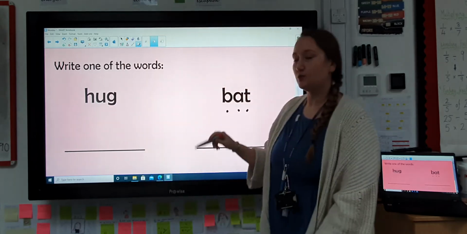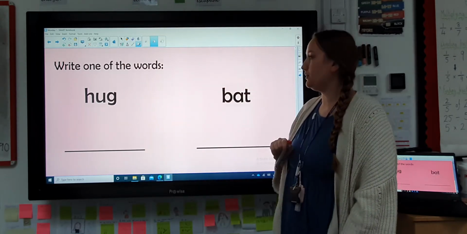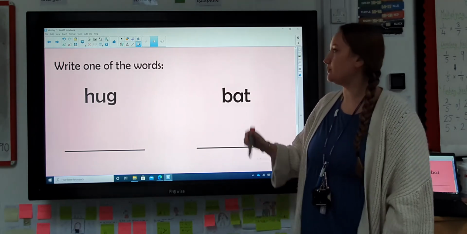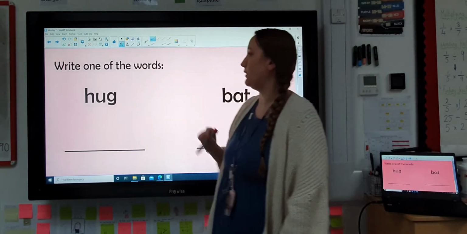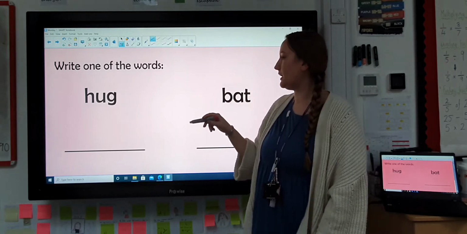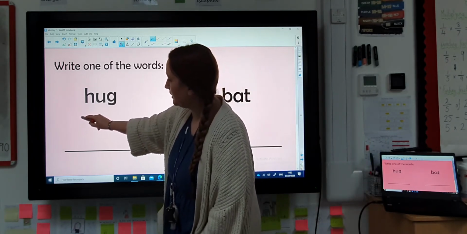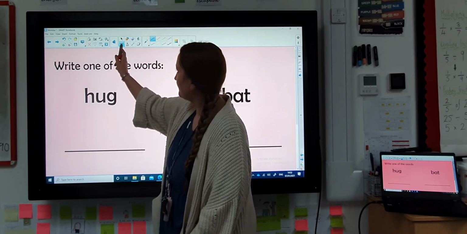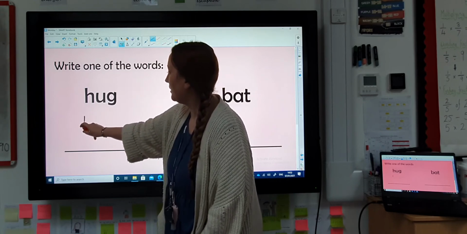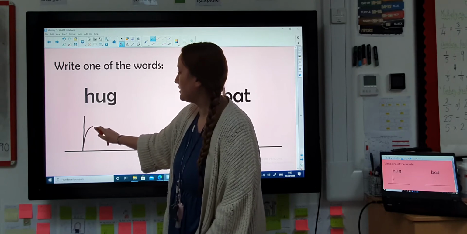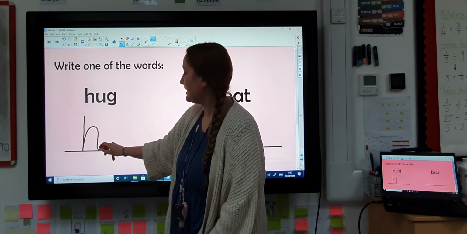Okay, so you can choose which word to write if you only want to write one, or if you feel that you can write both words, that would be really good. So I'm going to show you how to write hug. So we start right at the top, nice and tall, and we go all the way to touch the line, and then we go up and over and down and flick.